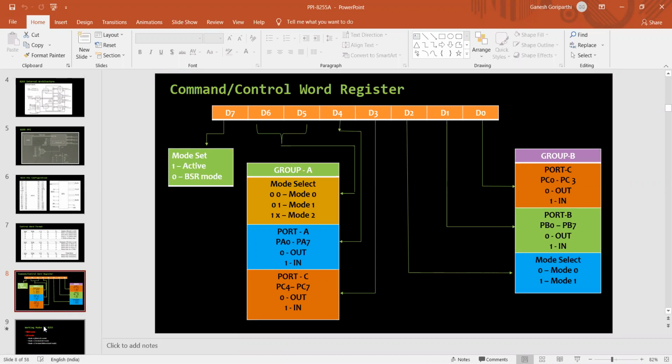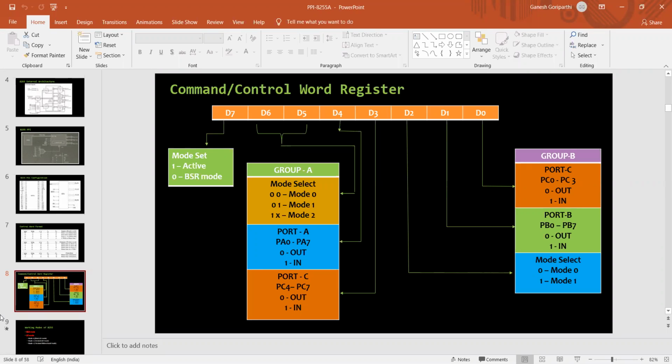The values of these 8 bits decide the type of operation, the port it is working on, and the mode in which the 8255 is operating. So let us understand each and every bit of this particular command word register.